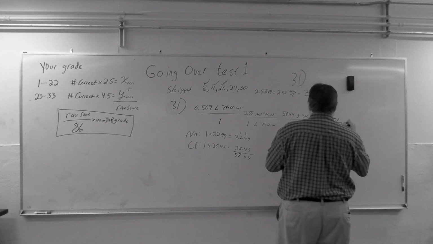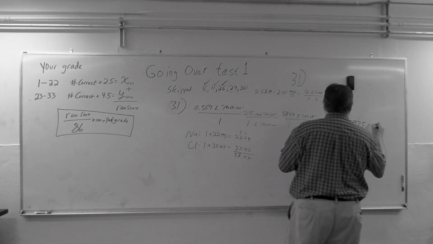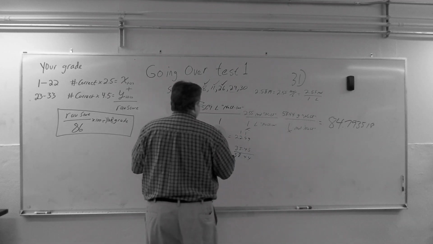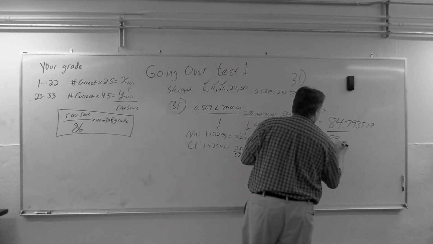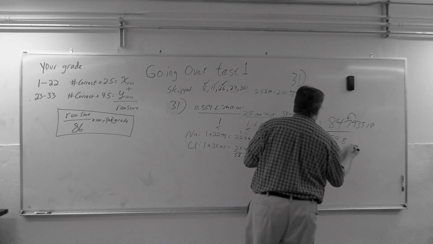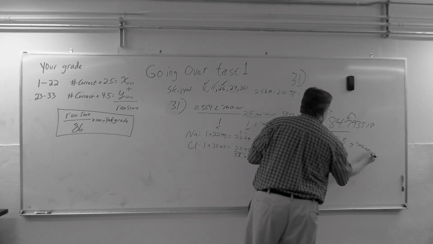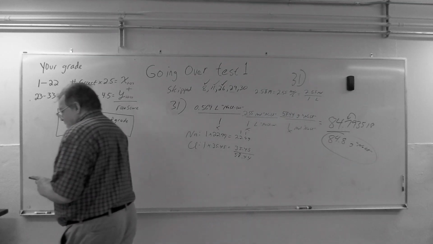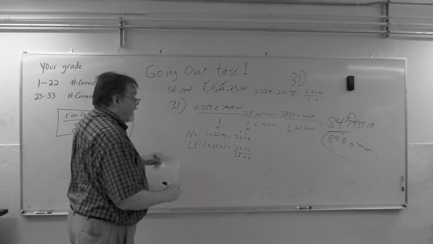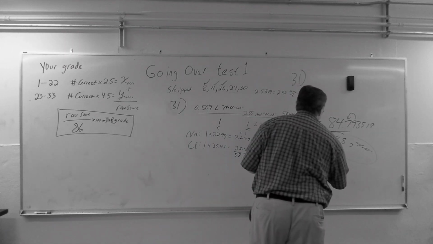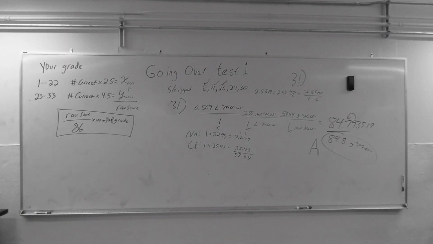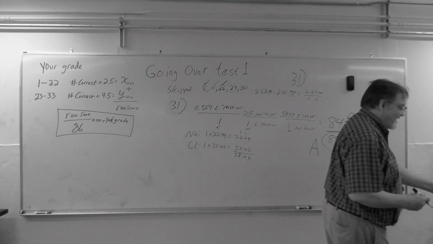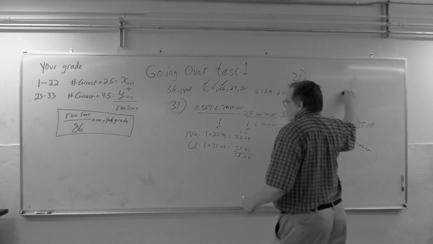Calculator says that's exact, that's exact, that's exact. 3 significant figures, so it'll be, 9 rounds to 7, 84.8. Everybody good?